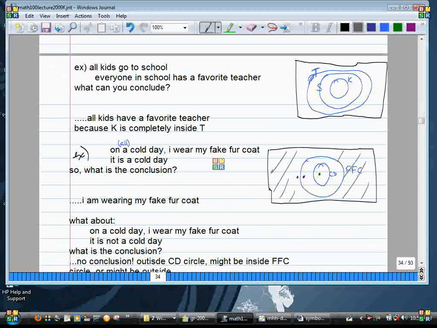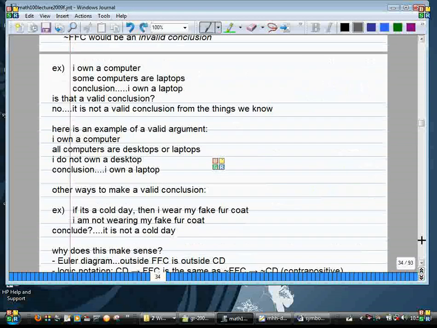It's clearly outside CD, so it's not a cold day. So if you use an Euler diagram, the result should be immediately clear. Okay.